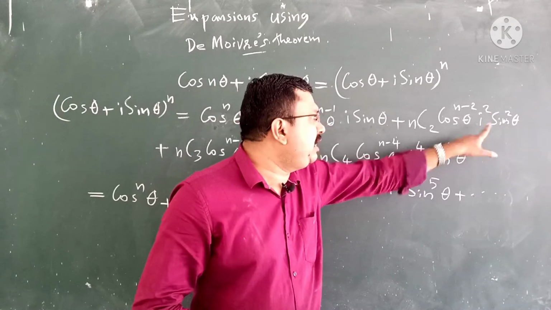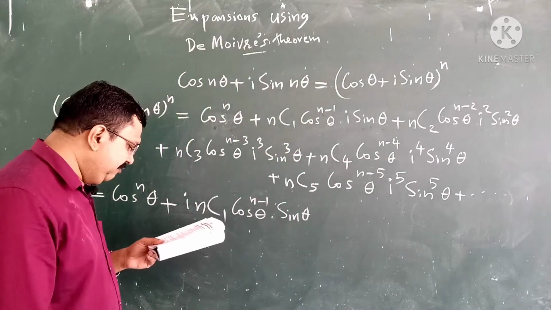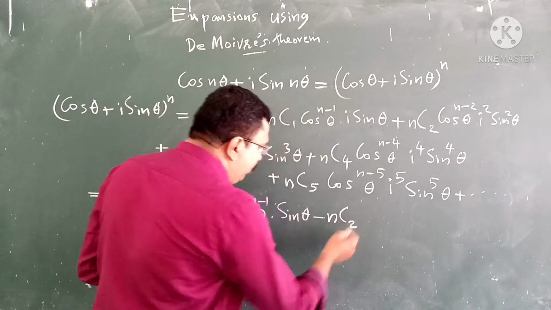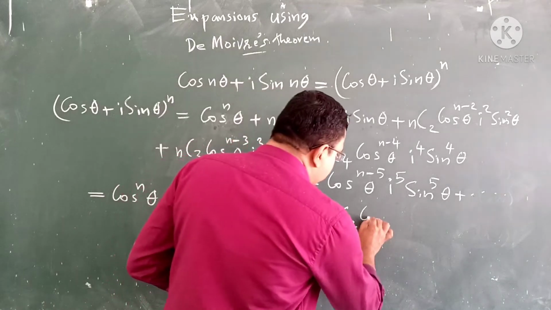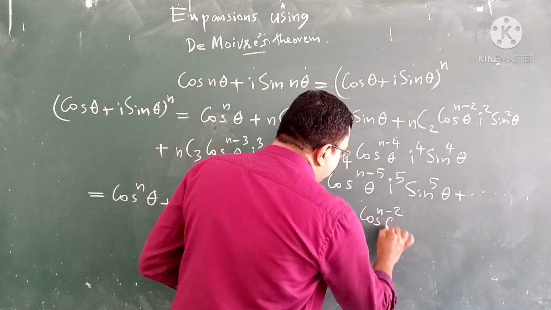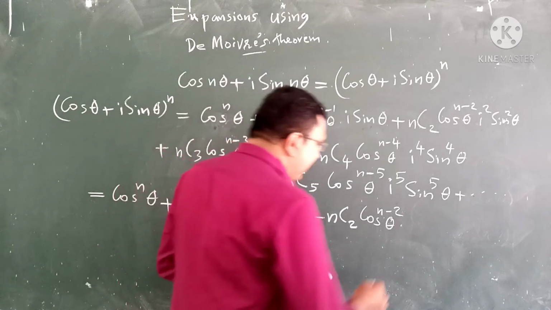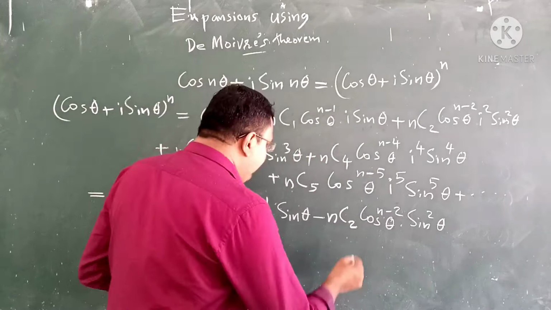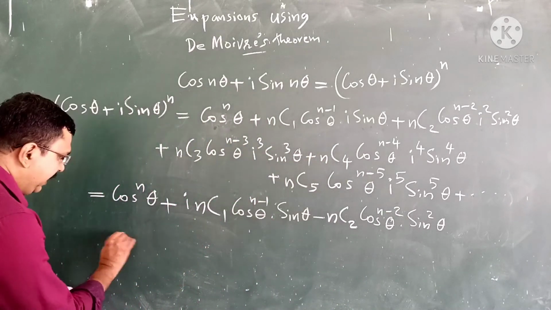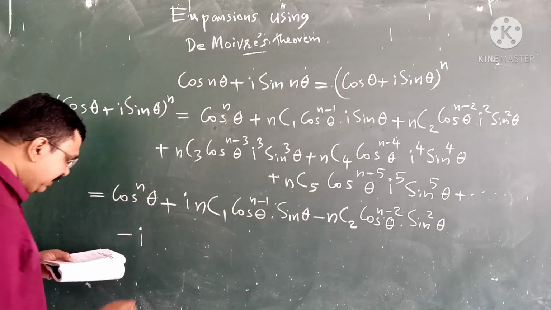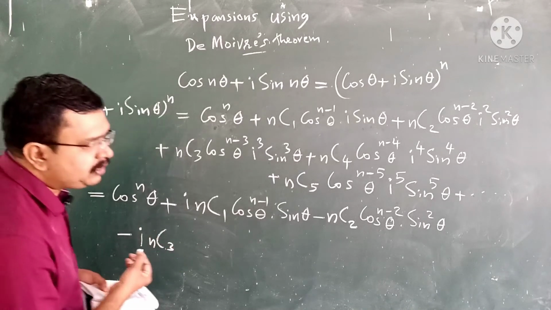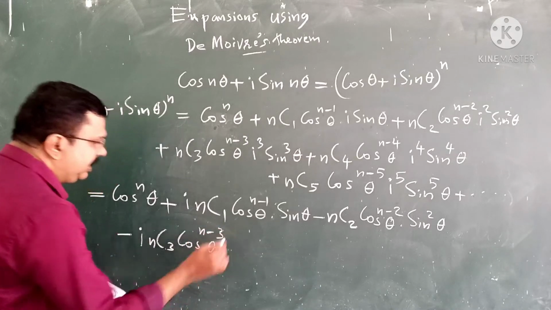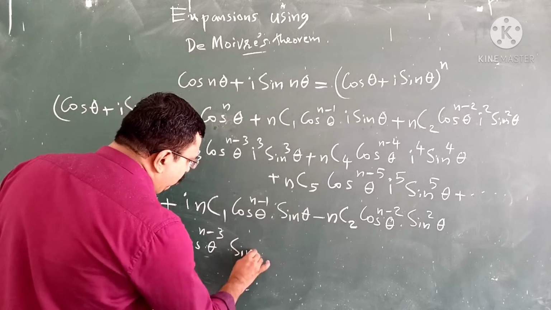I square is minus 1. Therefore, the second term will become minus nC2 cos raised to n minus 2 theta into sin square theta. Okay. Then next term is minus I into nC3 cos raised to n minus 3 theta into sin cube theta.